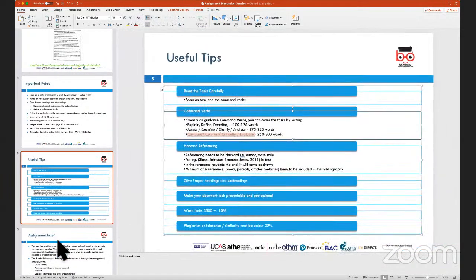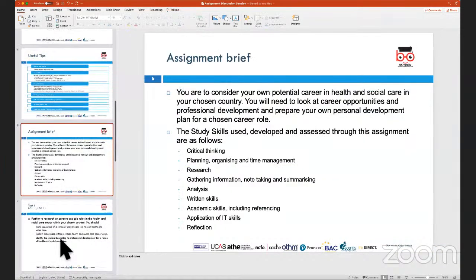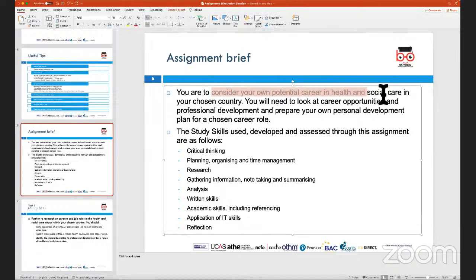Now, if I go into, after this, discussing the assignment brief, there's a bit of background given in the assignment which talks about you needing to consider your own potential career. So the most important bit that you have to look at when you start doing this assignment is to keep in mind that you're looking at your own health and social care career in a particular country.